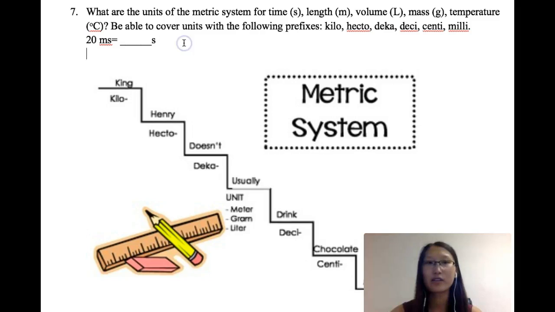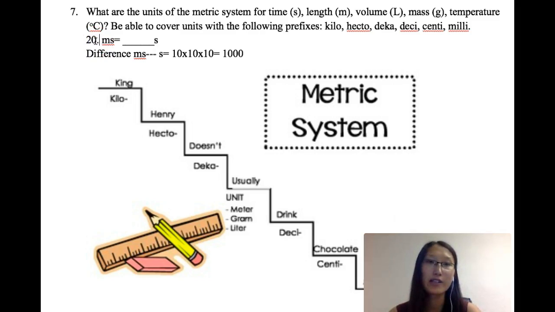So you know the difference between a millisecond and a second is 10 times 10 times 10, which is 1,000 times. Since millisecond is smaller than a regular second, it's 1,000 times smaller, you want to move your decimal to the left.